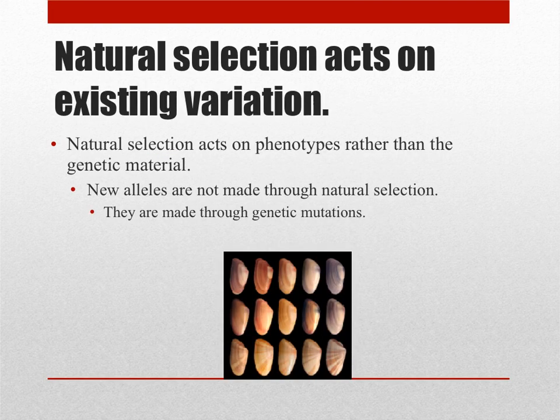Natural selection acts on existing variation. Natural selection is working on the phenotypes rather than the genotypes or the genetic material. New alleles aren't made through natural selection, they're made through mutations.